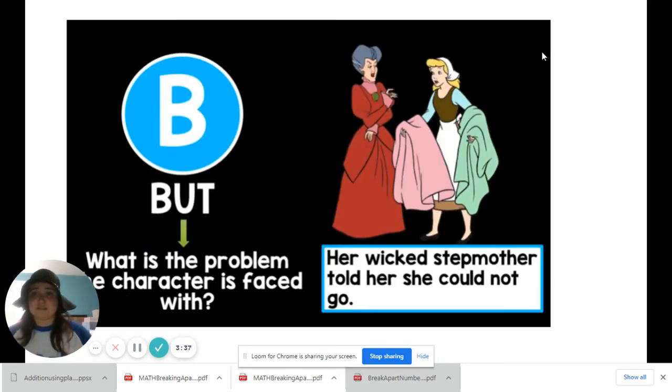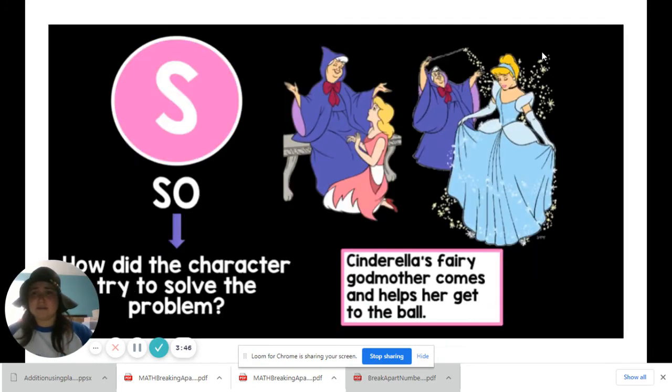But, so what is the problem the character is faced with? Her wicked stepmother told her she could not go. So, how did the character try to solve the problem? So Cinderella's fairy godmother comes and helps her get to the ball.